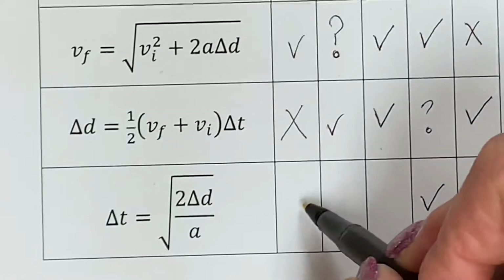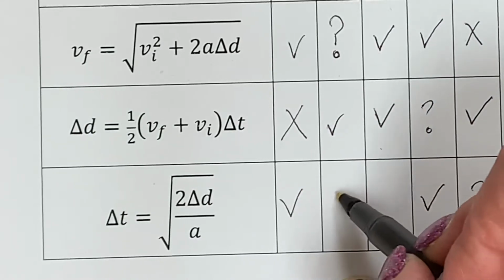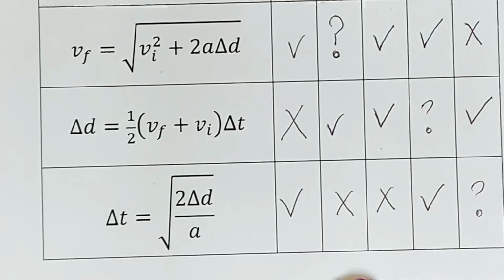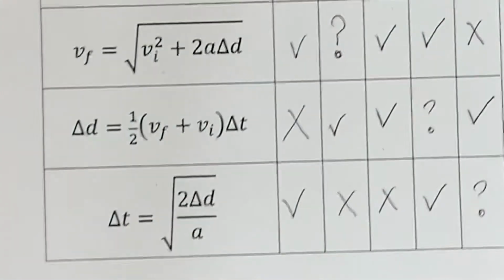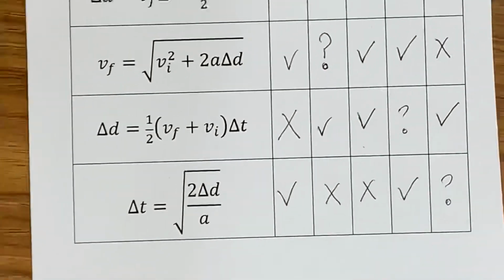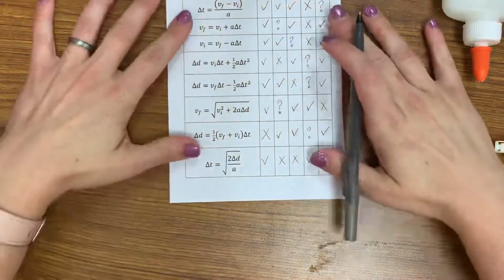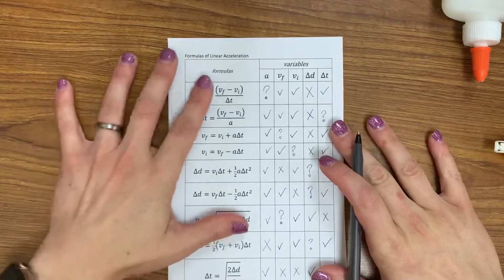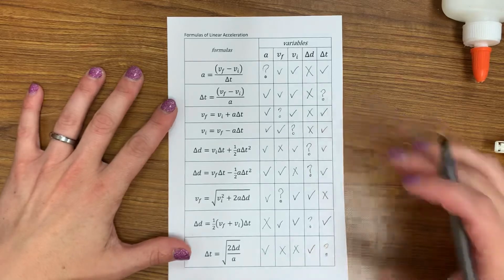Displacement and acceleration are present, but we don't know the initial or final velocity. We can still figure out how much time it took to go a certain distance if it was accelerating during that trip. So, just a quick analysis of the formulas that we will be using when we go through and practice the many formulas of linear acceleration.